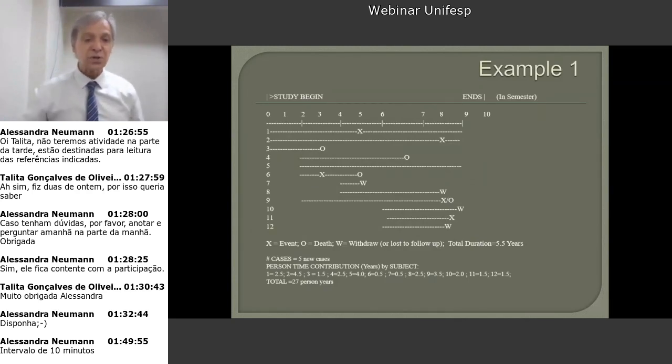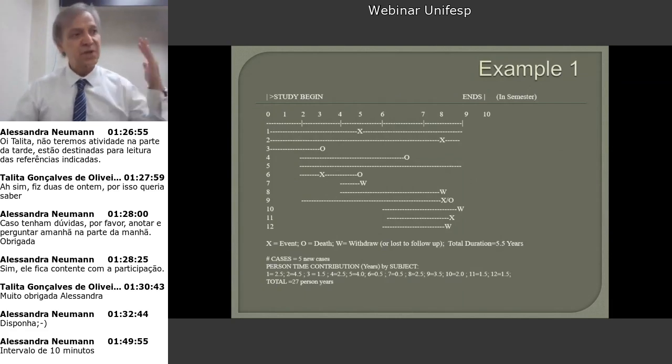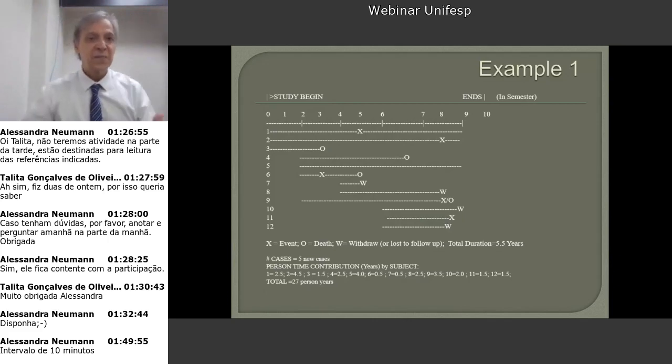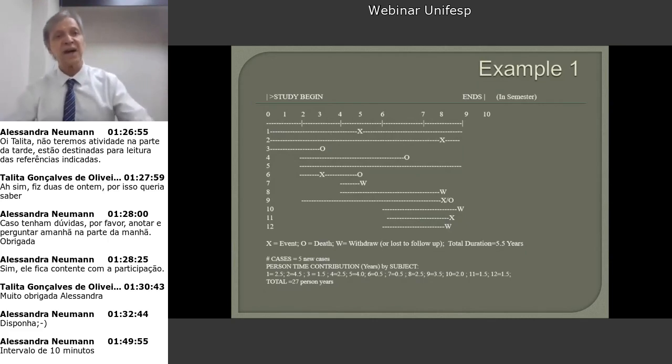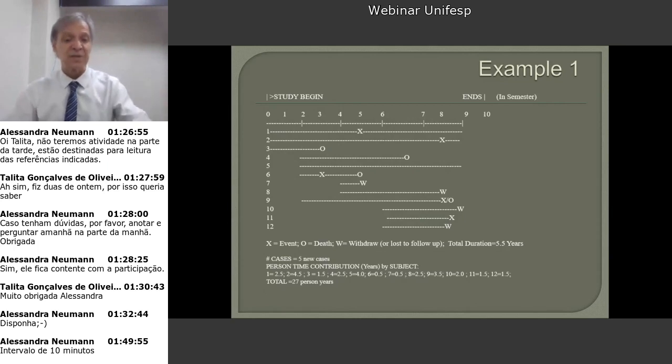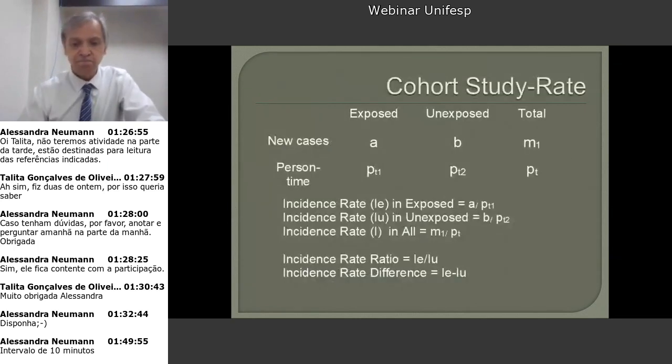You can calculate the person time for each group, exposed and unexposed, then tally how many develop the condition and how many don't, and divide the number of new cases by the total person time to get the incidence rate. Or divide the total number of new cases by those at risk at the beginning of follow-up. That's count data, and that's your risk. Here we go. Incidence rate ratio and incidence rate difference are the measures of association.